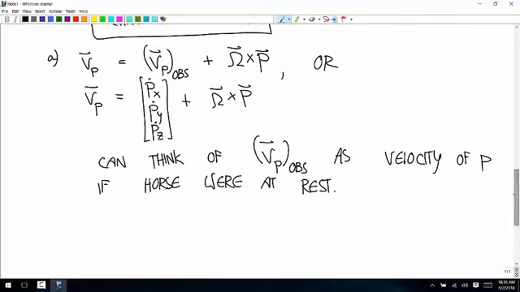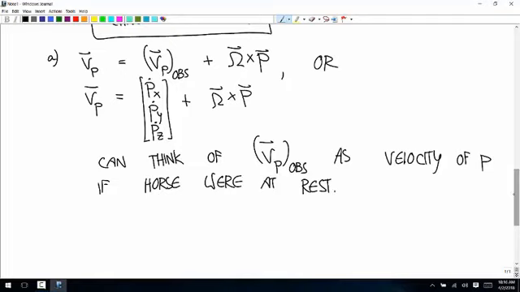Okay, so which of these two in our problem is a more useful way to think about it? Is there any use for taking time derivatives of the observed positions? No, that would be useful in the case that we have the position vector represented as a function of time. We don't. And so we're going to think of it this way.